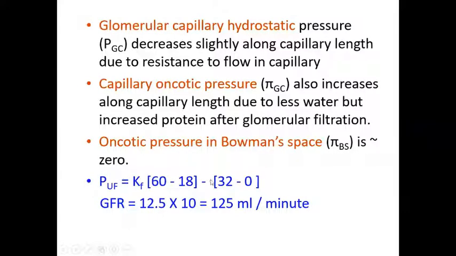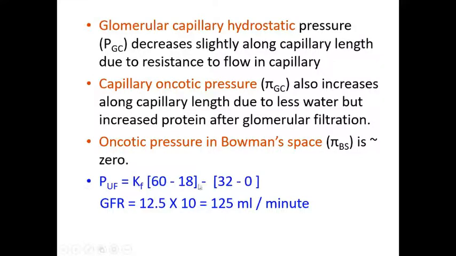So these are the values. The hydrostatic pressure in the capillary is about 60 millimeters of mercury. Then the hydrostatic pressure in the Bowman space is about 18 millimeters of mercury. Then the oncotic pressure in the capillary is about 32 millimeters of mercury. The oncotic pressure in the Bowman space is about 0 millimeters of mercury.